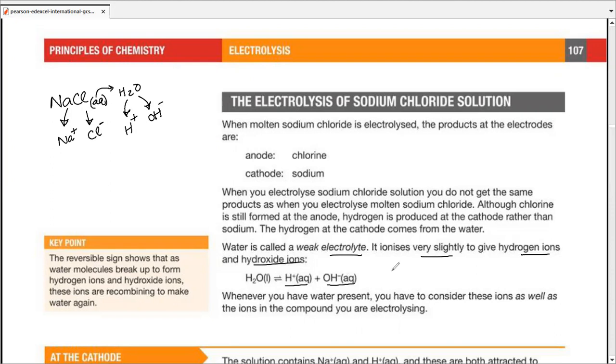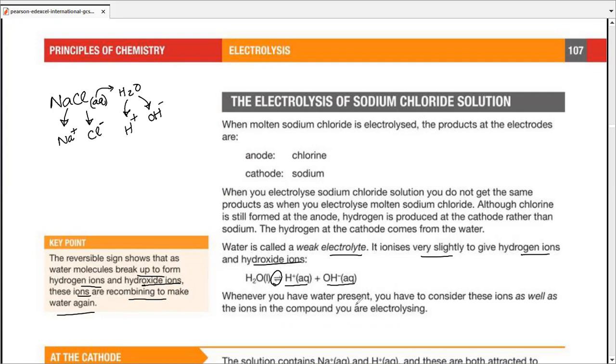Although it's a covalent compound, whenever electricity is passed through it, it ionizes slightly, as if it was an ionic compound, although it isn't. There is a reversible sign in this arrow which shows that water molecules break up to form hydrogen and hydroxide ions, but these ions recombine again to form water.